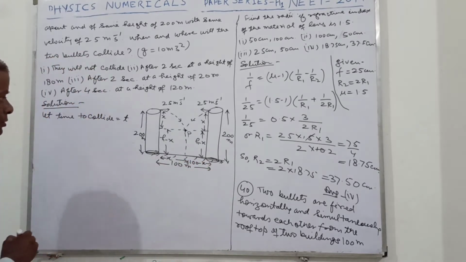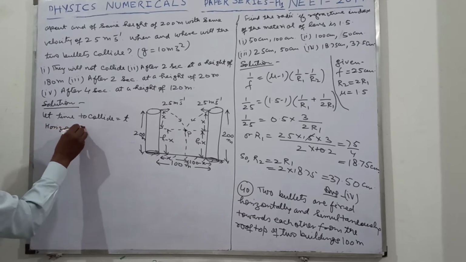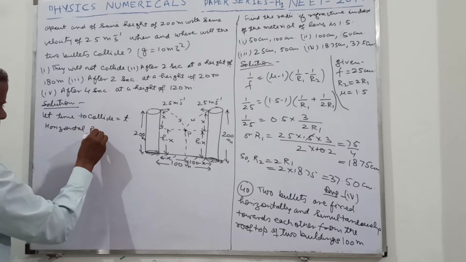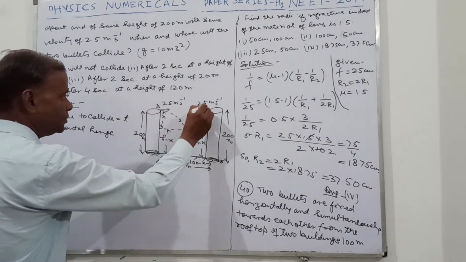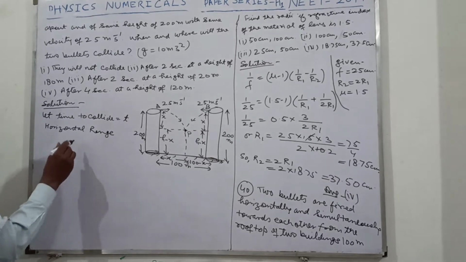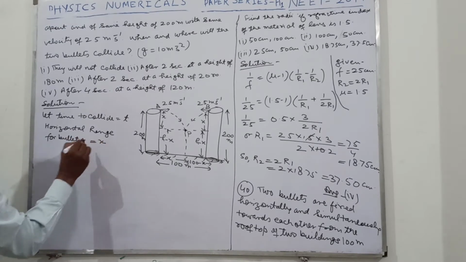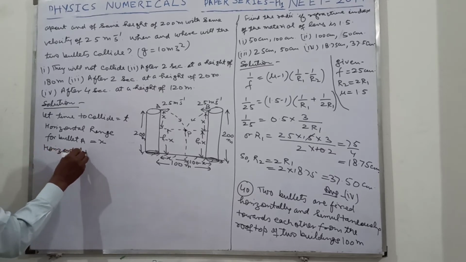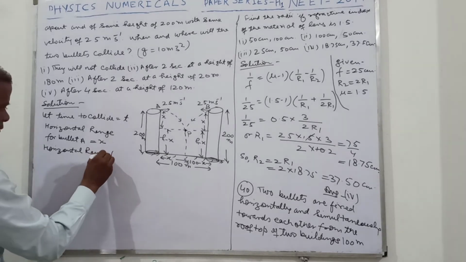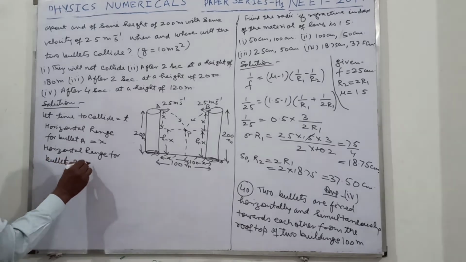Suppose this is point A and this is B. Horizontal range for bullet A equals x, and horizontal range for bullet B equals 100 minus x.